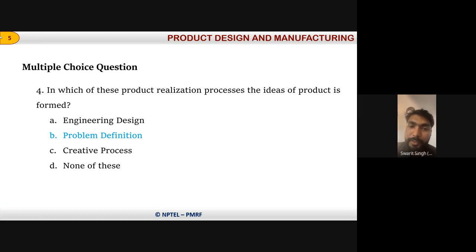So in the product realization process, it is the very first step. The idea of the product is always formed in the problem definition stage. When we are defining the problem, the idea of the product forms at that stage.